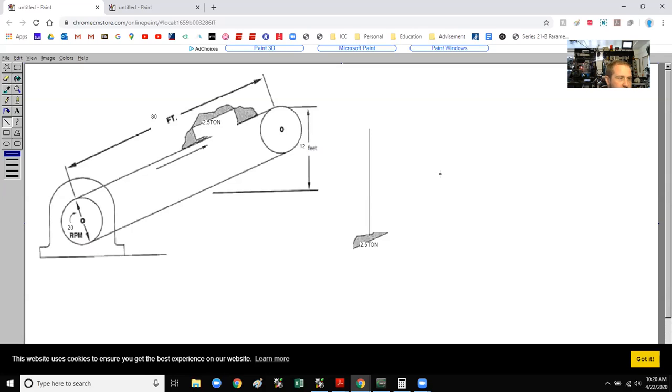So for the purposes of my work experience, what are we looking at here? Are we looking at something that's really going to be moving 2.5 tons where that friction would be coming into play? If it is, you might want to do a little bit more math.